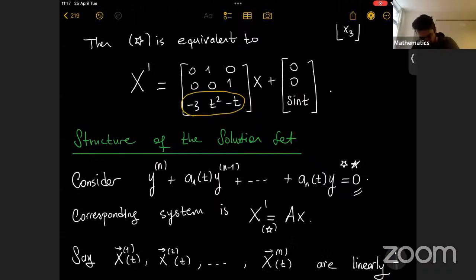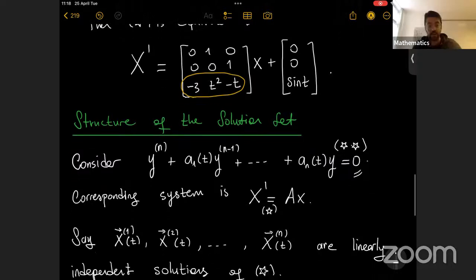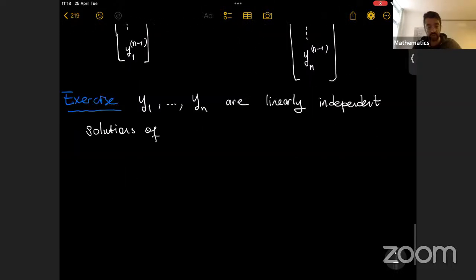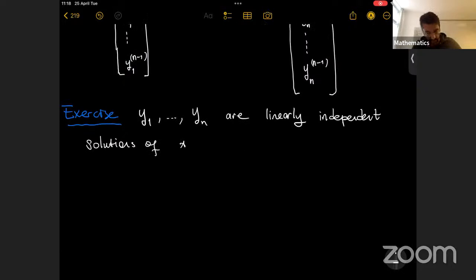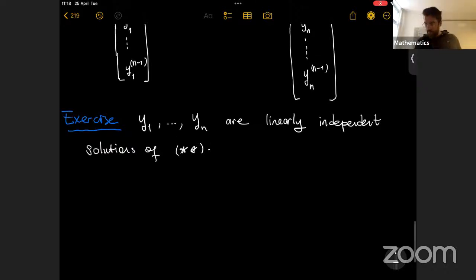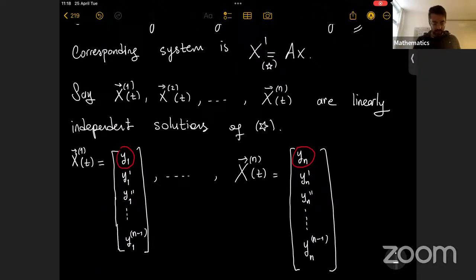So it's going to be the linearly independent solutions of double star, okay. So basically, when you find the linearly independent solutions of the corresponding linear system, then you get a full set of solutions for the nth order differential equation.